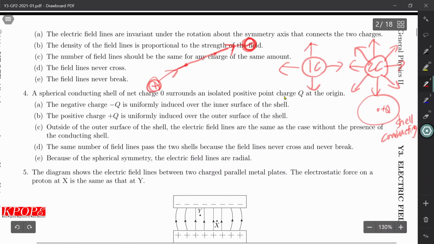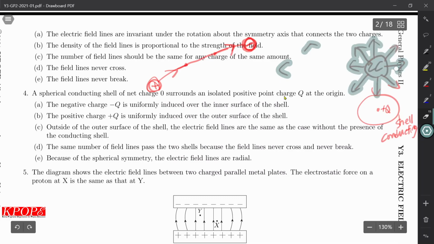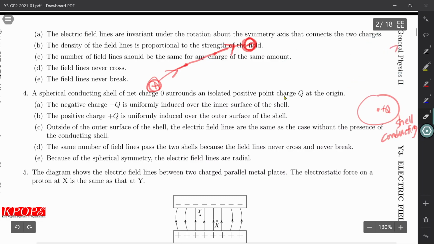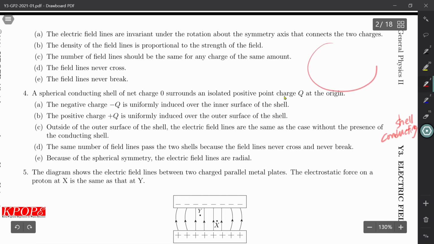Then electrostatic force: the plus Q is placed at the center. This positive charge attracts the negatively charged particles on the shell.